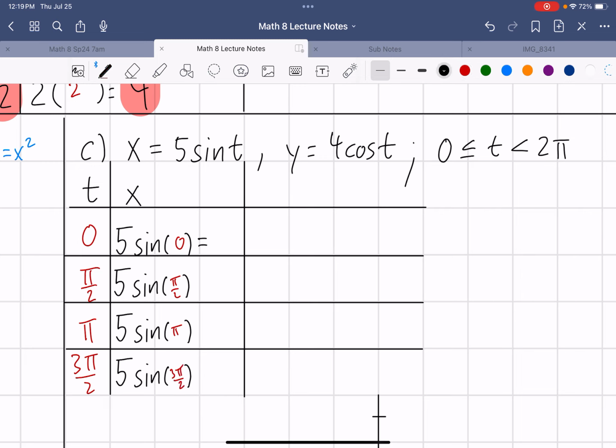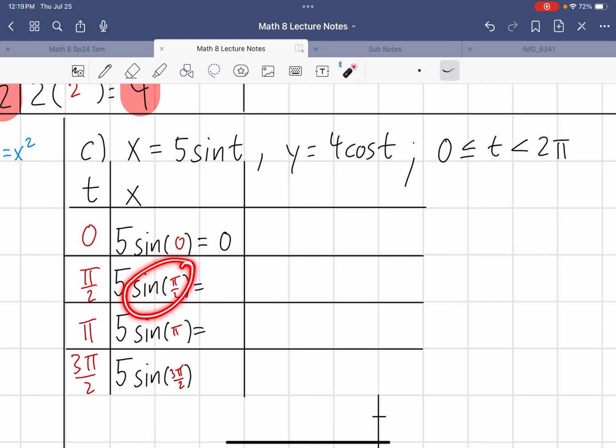So remember, sine of 0 is 0 times 5 is going to be 0. Sine of pi over 2 is 1 times 5 is 5. Oops, I made a mistake. That's what happens when you go too fast.